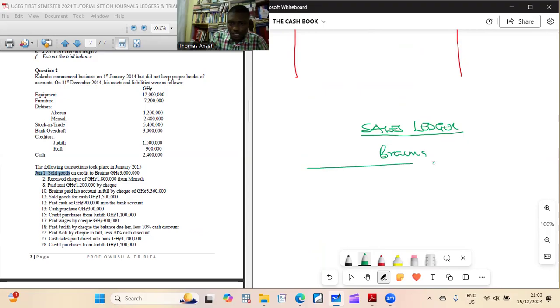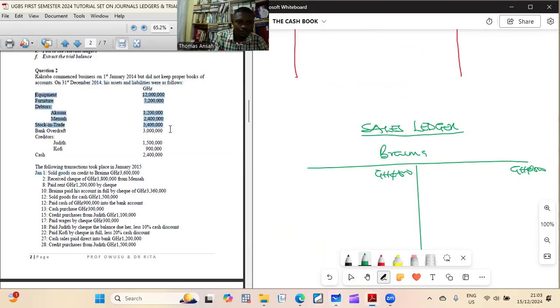So you do the T account for Brima. You'll be transferring the thing from the sales table to the ledger. So if you look at Brima, what do you see? Brima is not in the list here, so it won't have any opening balance.